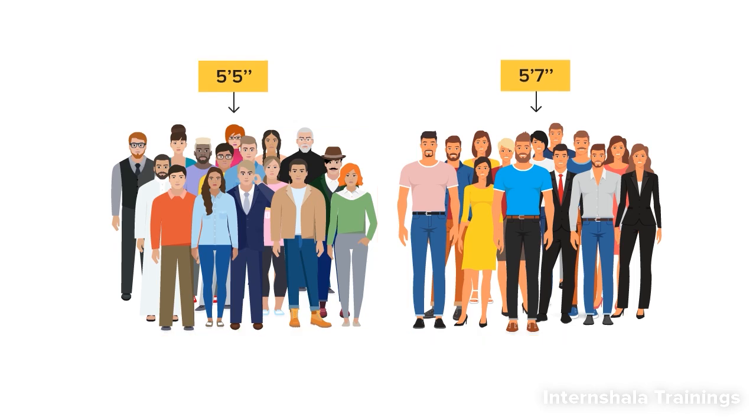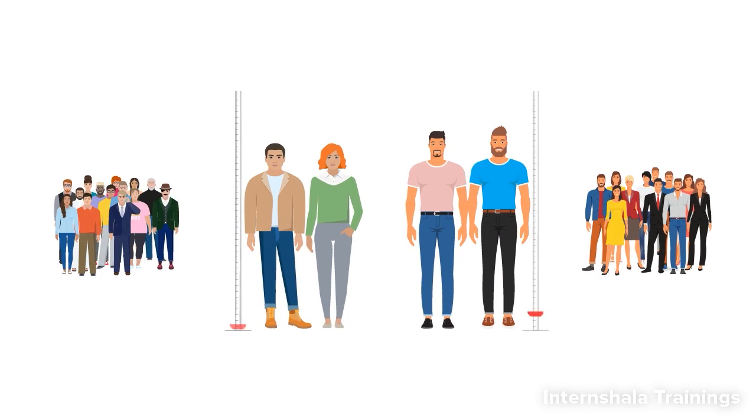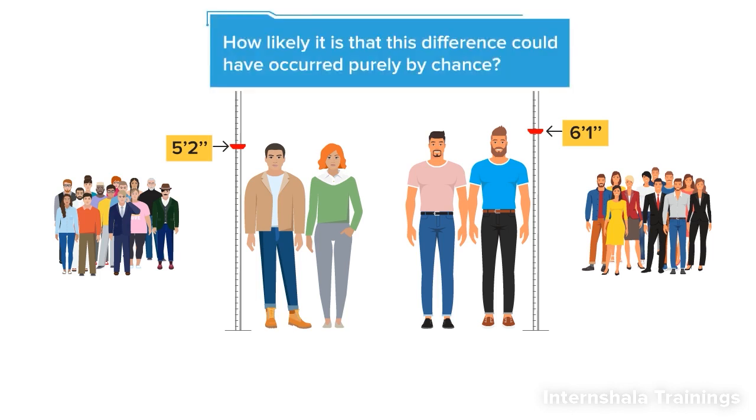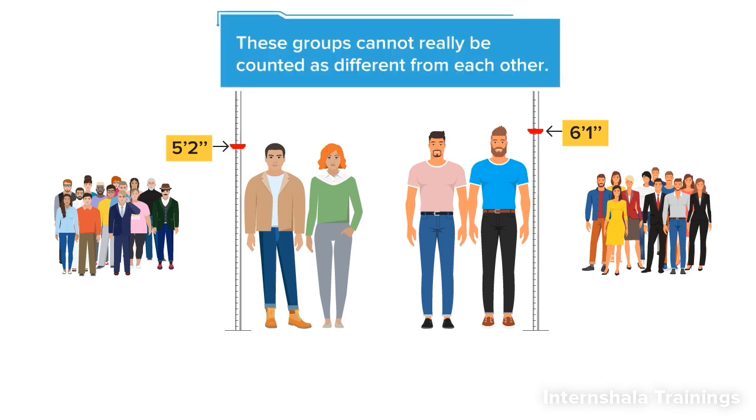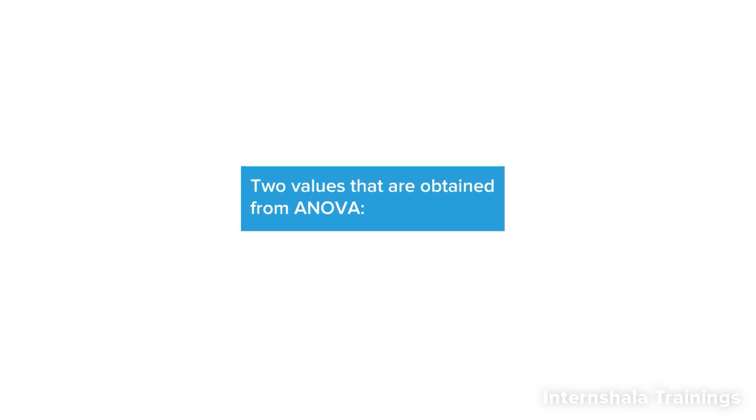Anova helps us answer this important question: if we are observing difference in mean value across multiple groups, how likely is it that this difference could have occurred purely by chance, and hence these groups cannot be counted as different from each other. This can also be examined based on two values that we get when we perform Anova.